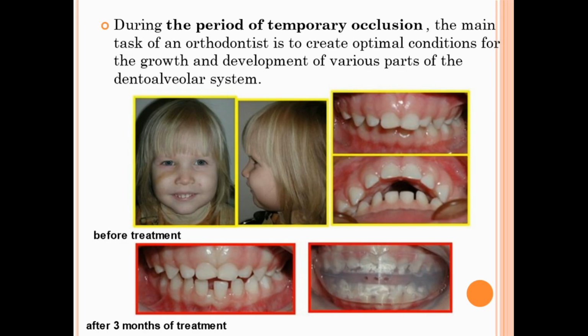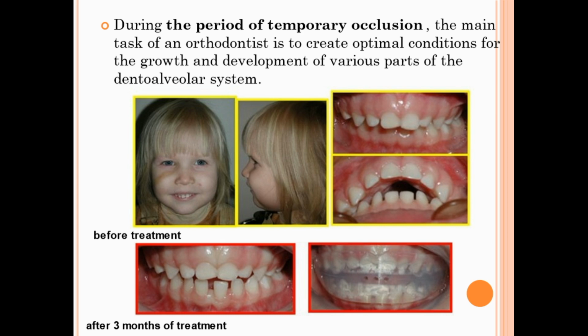During the period of temporary occlusion, the main task of an orthodontist is to create optimal conditions for the growth and development of various parts of the dental alveolar system. This could be achieved by eliminating the cause of occlusion anomalies with preventive measures, in particular myotherapy.